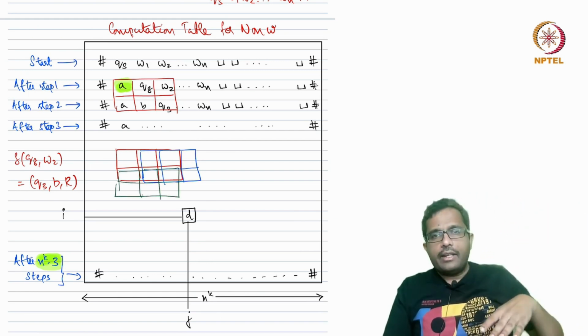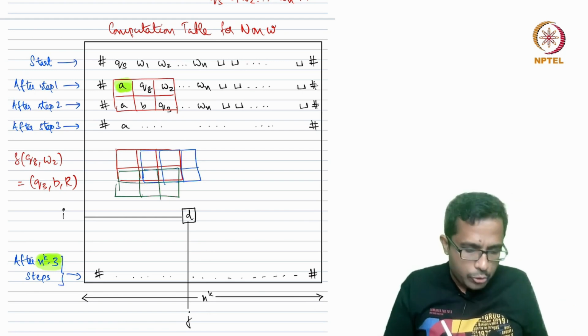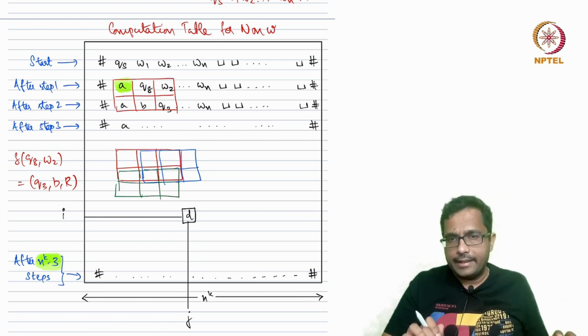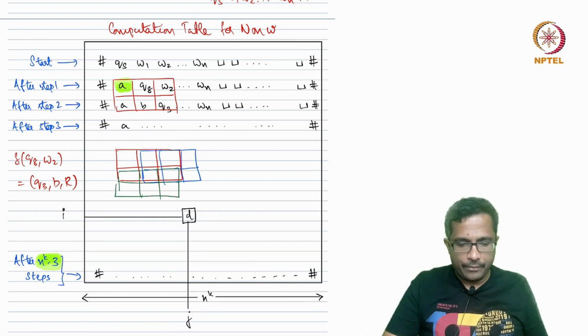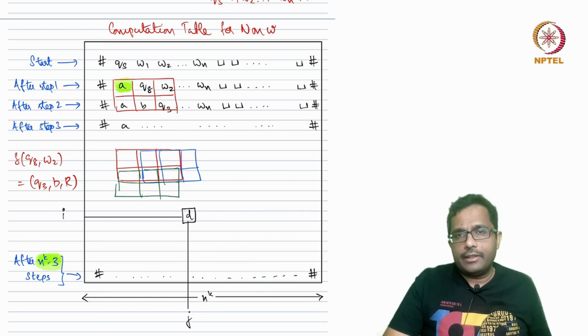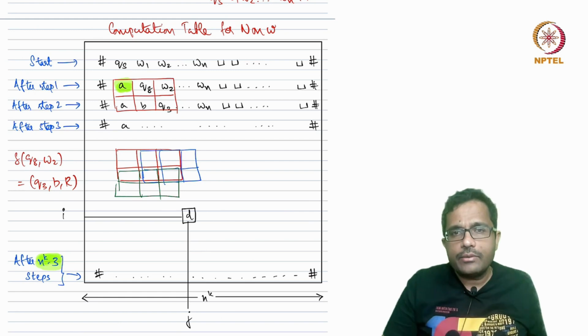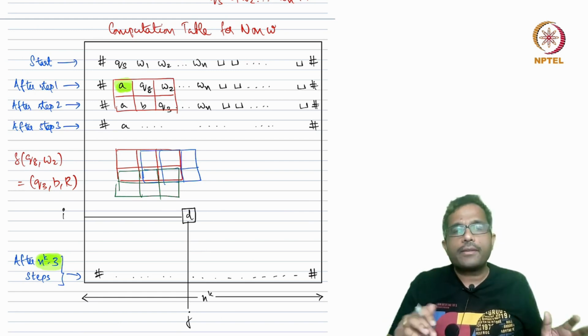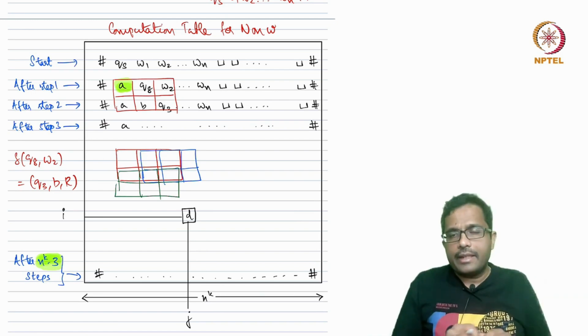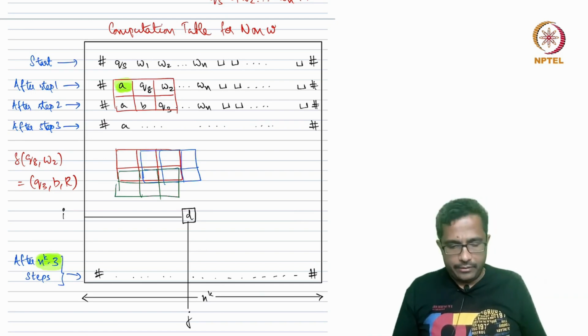So we cover the entire table using these 2x3 windows, and then we check that these windows are valid. This is going to be the strategy. Now what constitutes valid windows is what we have to explain, and why covering and checking these 2x3 windows is enough.